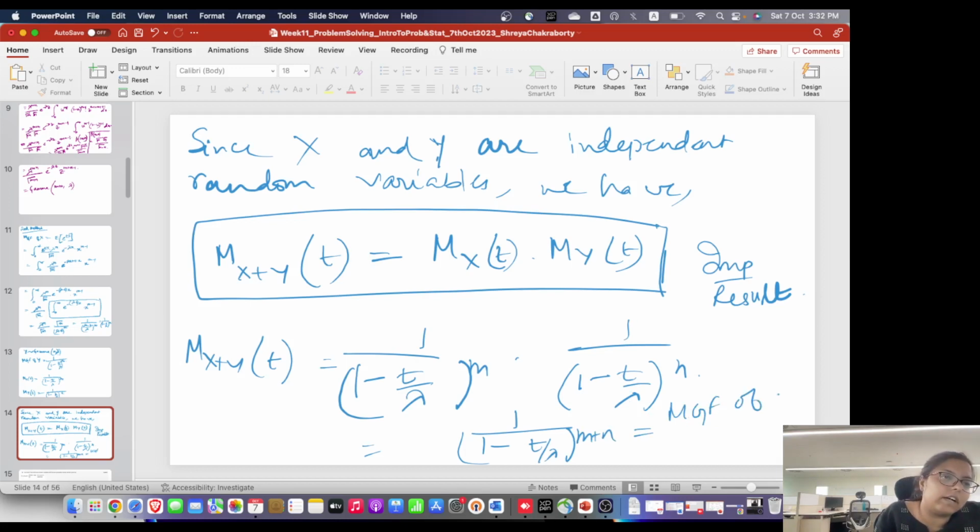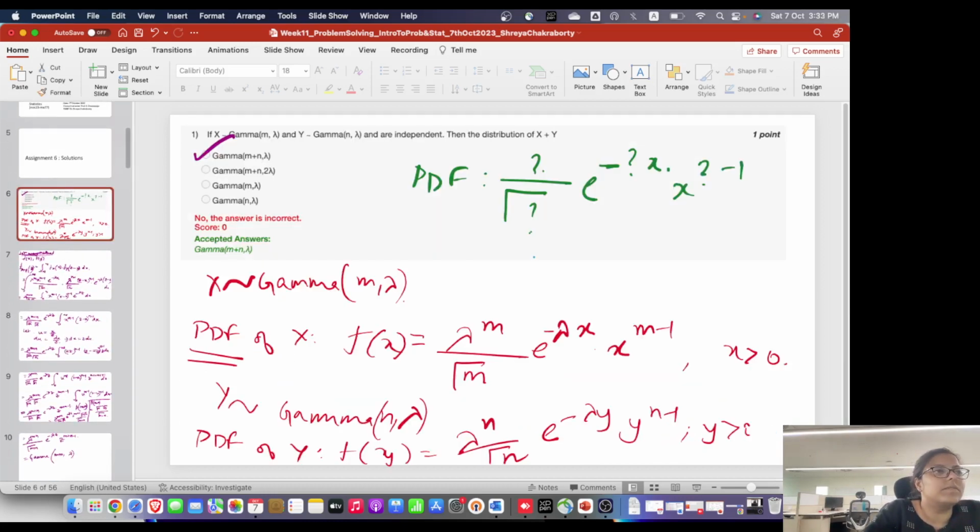So this is the MGF of a gamma m plus n, lambda. Therefore x plus y would follow gamma m plus n, lambda. So here we would have lambda to the power m plus n by gamma m plus n. Alright, so if this is clear, we'll move on to the next one.